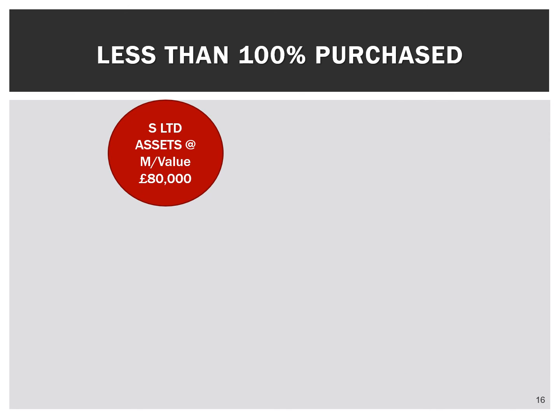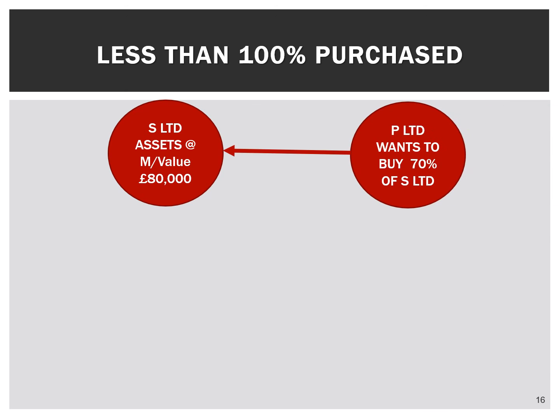Now, the third reason why the investment and subsidiary equity figures aren't the same is because perhaps the parent company hasn't purchased the whole of the share capital of the subsidiary. In this example, S Limited has got assets in the balance sheet that are at their market value of £80,000, and this time the parent company doesn't want to buy the whole of S Limited.